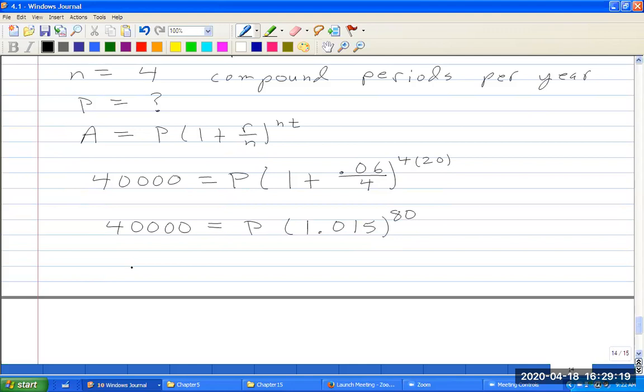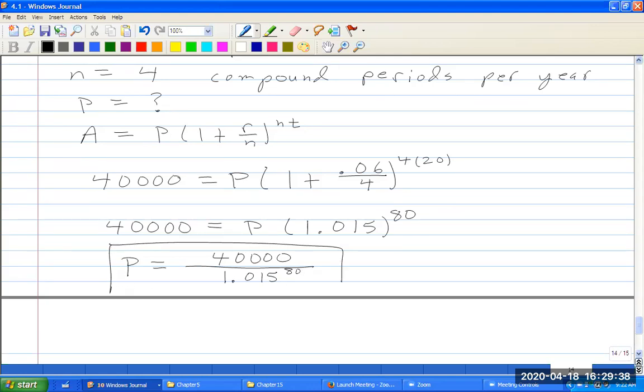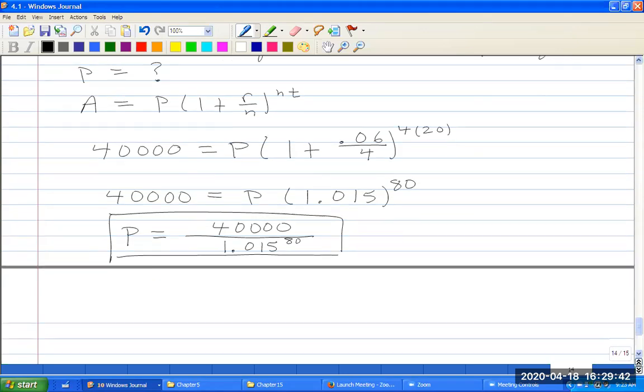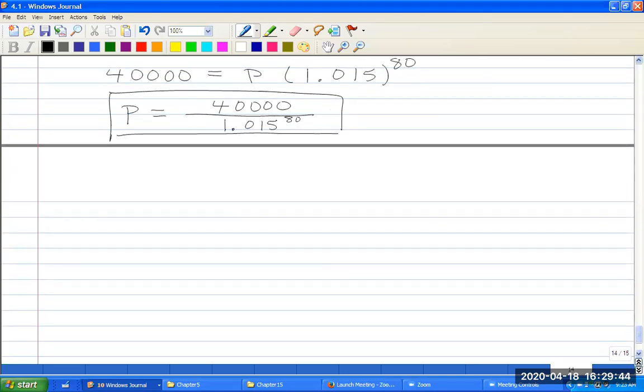And so P is equal to, divide both sides of your equation by 1.015 to the power 80. So that's your answer. But again, we don't like that sort of answer. So let's plug this into our calculator.